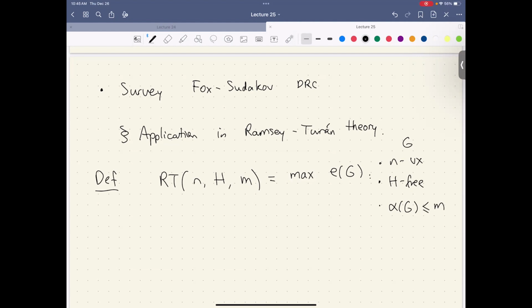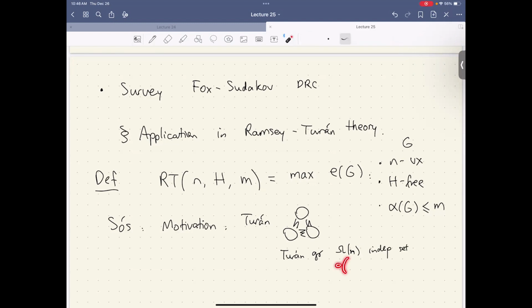This was initiated by Sós. The motivation is that in Turán's theorem, the maximizer is Turán's graph, which has huge independent sets, linear in n size. So she was asking, what if we replace it by little o of n?